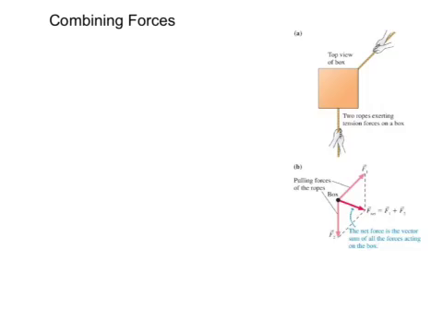We can combine forces and come up with the net force. And it's that net force that we're going to see plays a very important role in the acceleration of the box, of whatever object it is.